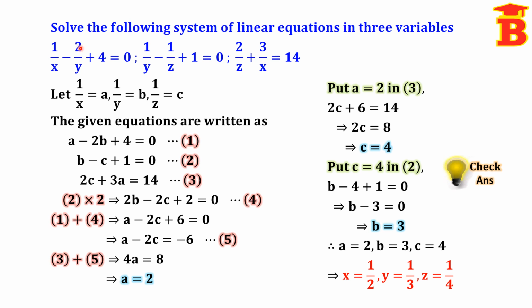And then 2 by y, value 1 by 3, taking reciprocal 3 into 2, 6. So we get 2 minus 6, that is minus 4 plus 4 equal to 0. So the first equation is satisfied, therefore our answer is correct. We can check it in any one of the equations.